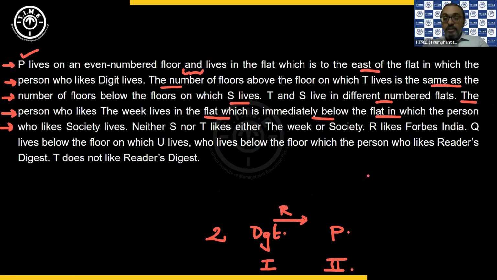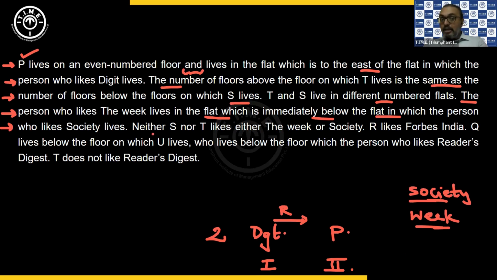Now here we will consider it as the same flat number. So we have the week immediately below society. So it has to be the same flat number. It could be flat 1 or flat 2 for both.